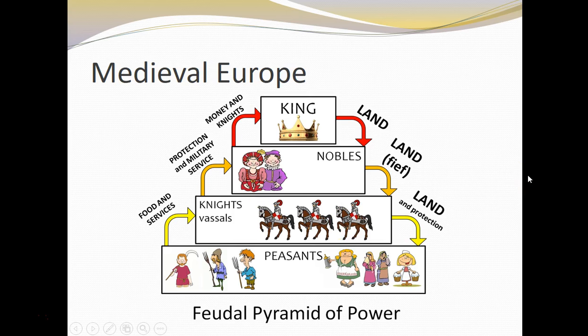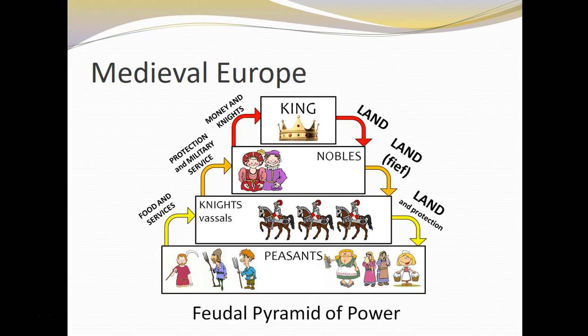And now this is something that, when we're talking about medieval Europe, we have to talk about: the feudal system, feudalism. This is going to be very important for the next lecture, so I want you to take a look and kind of draw this out, think about it.